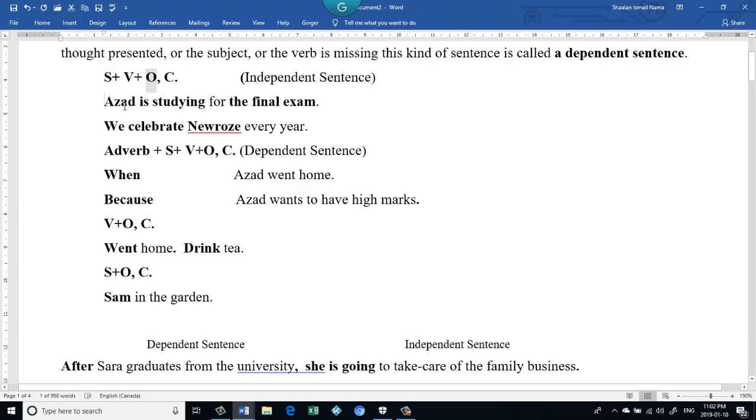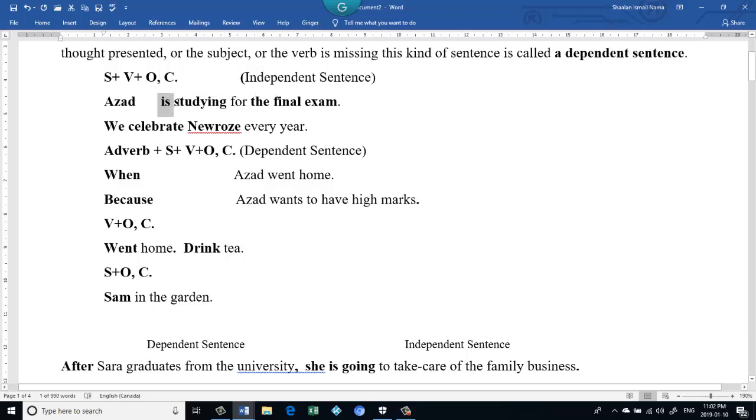Let's look at the sentences. For example, we have Azad, which is our subject. Then is, the auxiliary verb, but here it is acting as the main verb.